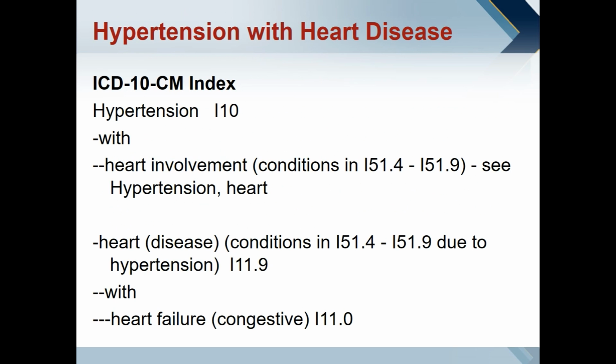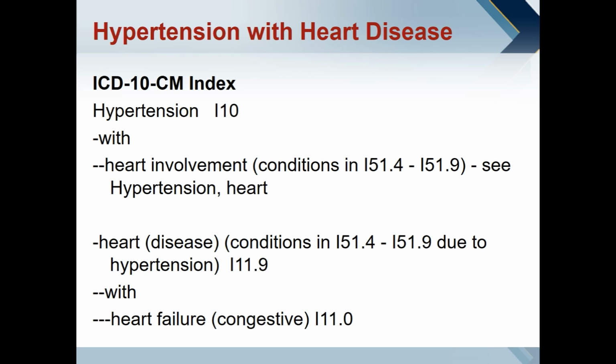We've reviewed the guideline for hypertension with heart disease, so now let's have a look at the ICD-10-CM index under the main term hypertension. And there you see hypertension with heart involvement, conditions classifiable to I-51.4 through I-51.9, just like the guidelines tell us.